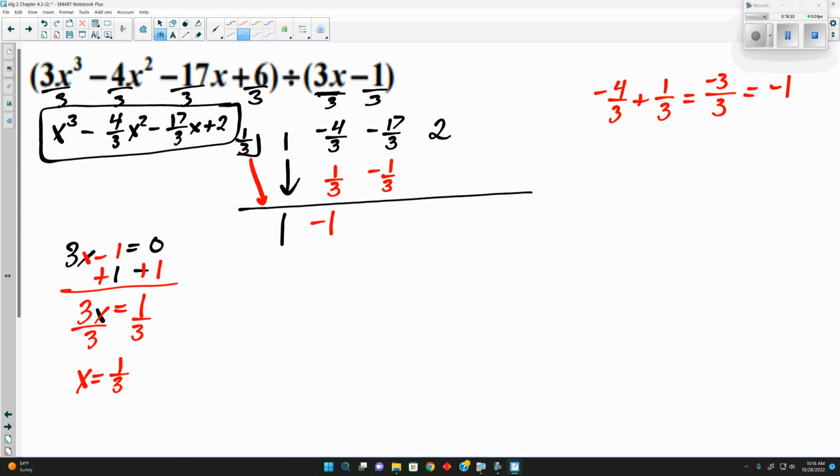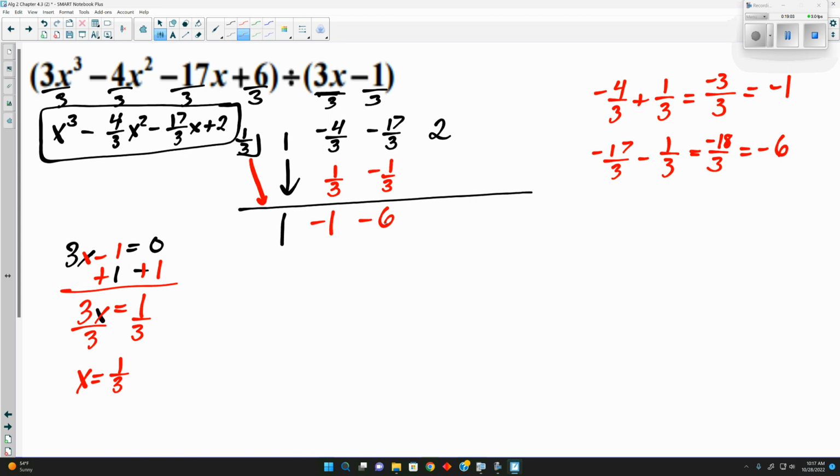Questions? We good? We'll add straight down. Negative 17/3 plus negative 1/3, or minus 1/3. Denominators are the same. Negative 17 minus 1 is negative 18, which gives me negative 6. Because we multiply again by 1/3.